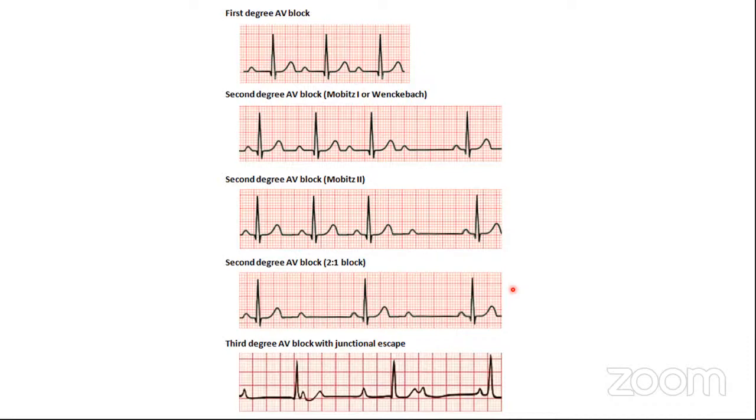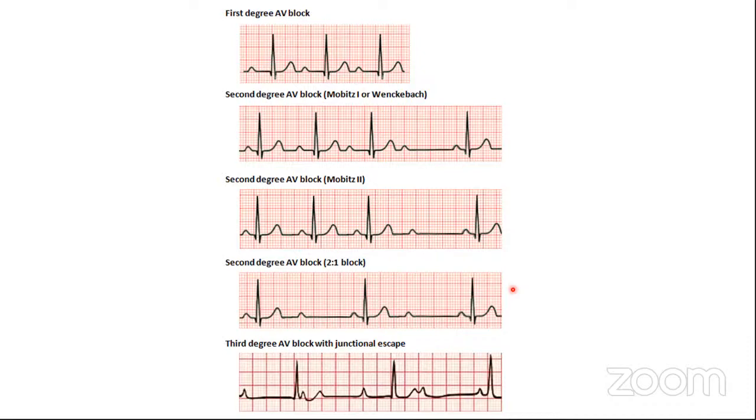So in a way it sounds like AV block, because not every atrial signal is going to make it down to the ventricle, but we don't really think of them in the same group of disorders. The reason is that when you have Afib, there's really nothing wrong with the AV node. It's just that your atria are firing so fast that the signals don't always make it across to the ventricles.